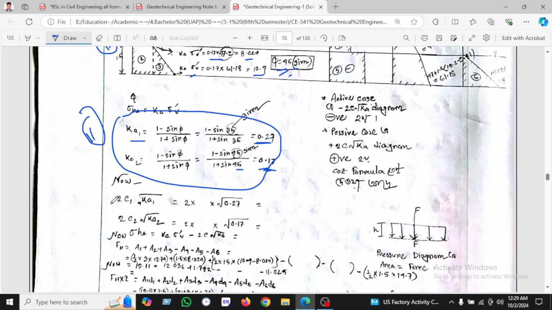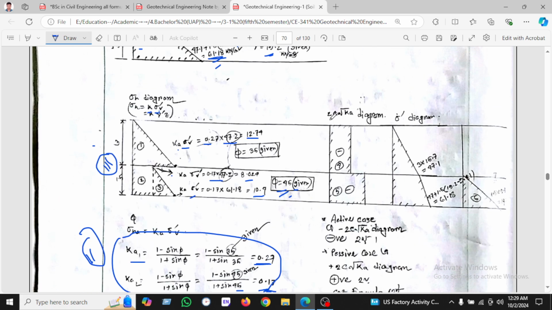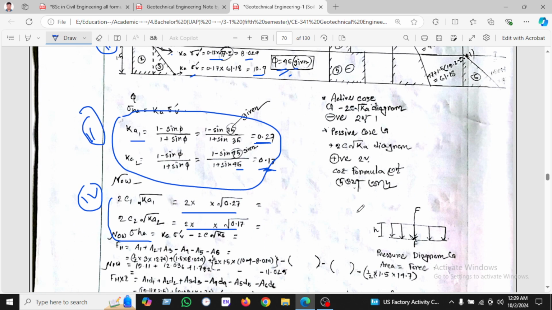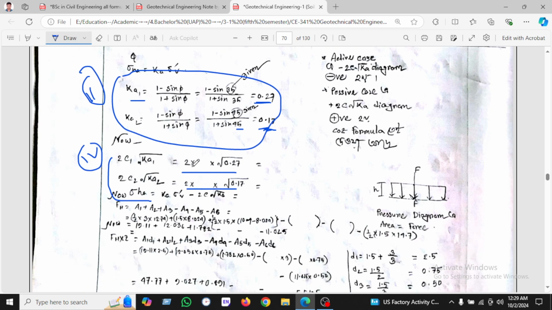Then we will go for this calculation, which is number 4. We can denote it number 4, 2c root over K, and we'll use this, and 2 into c into root over K, and these are the 2c root over K diagram. This will be our number 4 step.